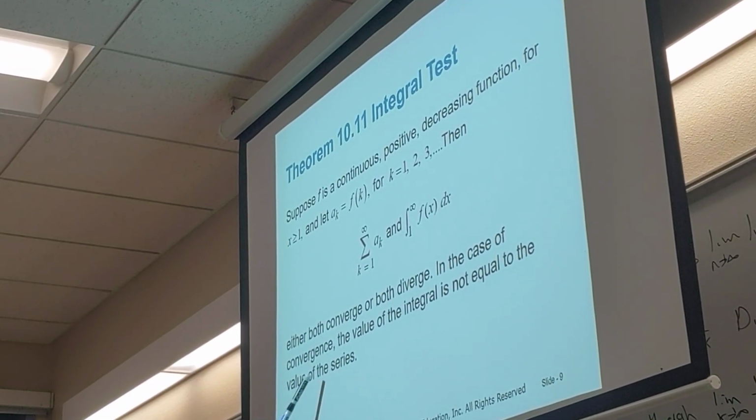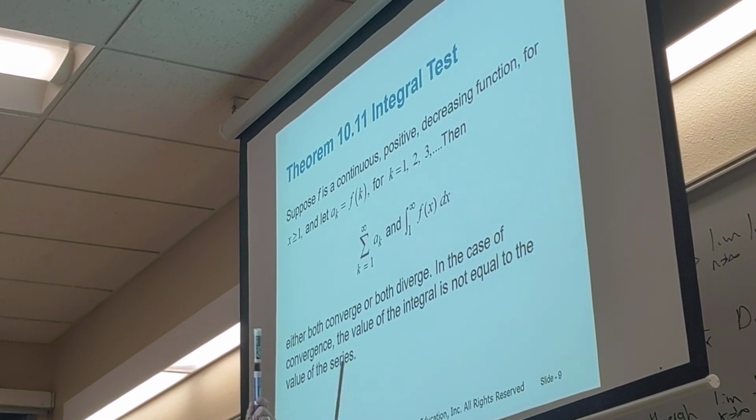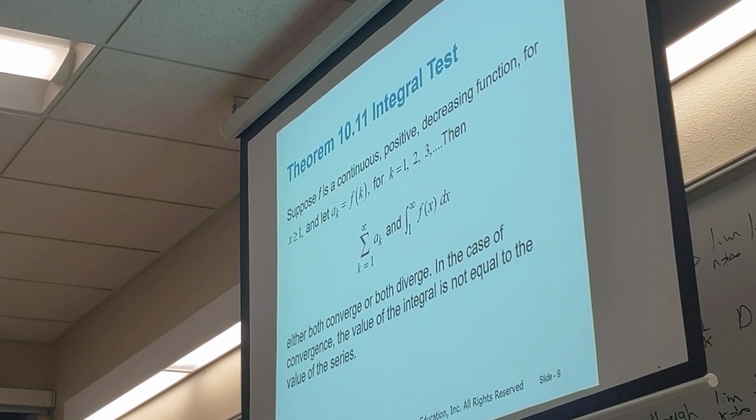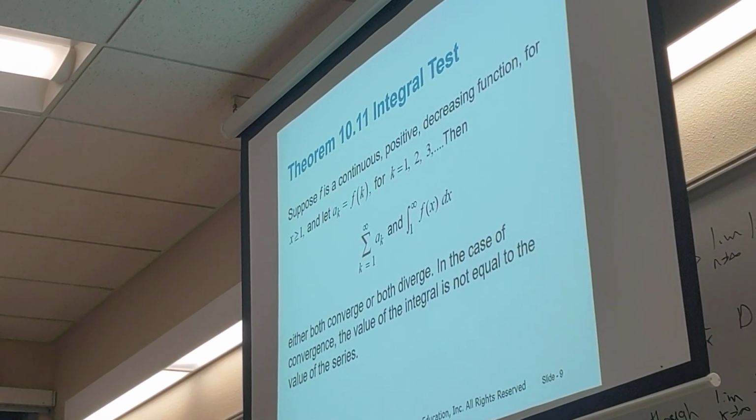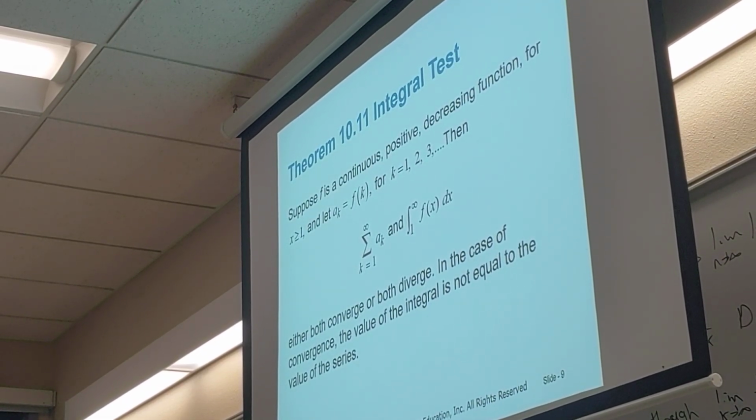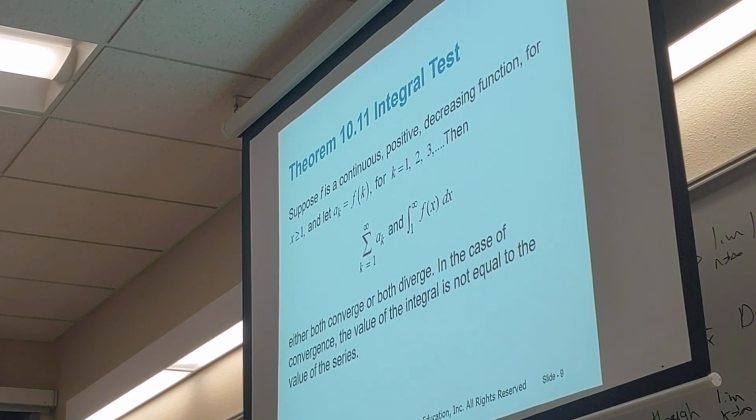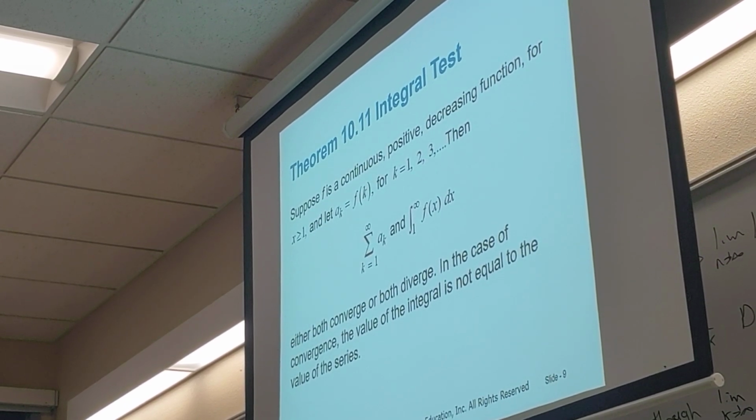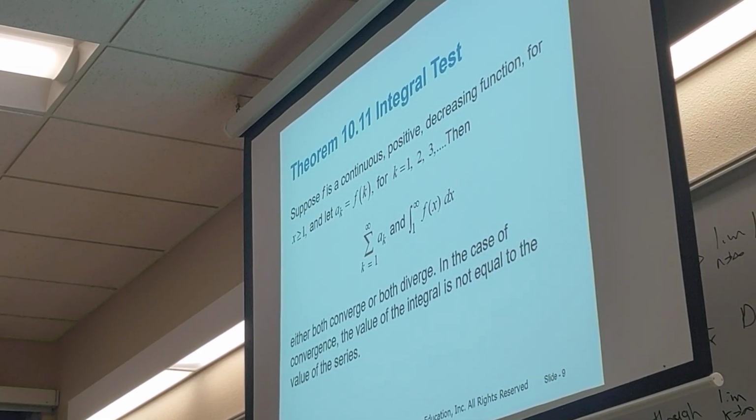In the case of convergence, the value of the integral is not equal to the value of the series. So the areas of these rectangles and the area under this curve either both converge or they both diverge.